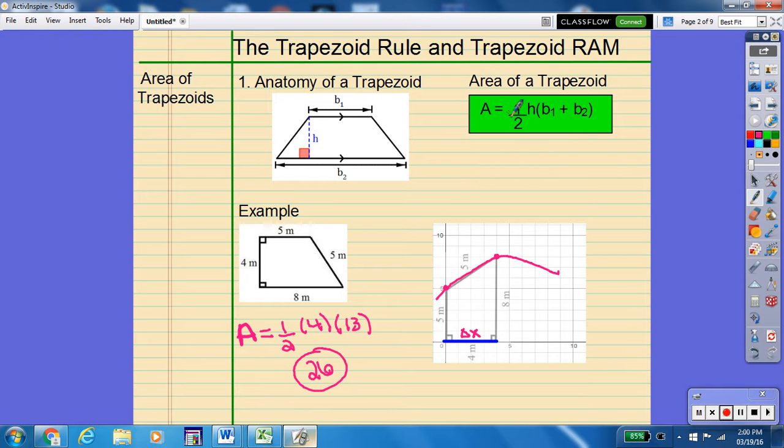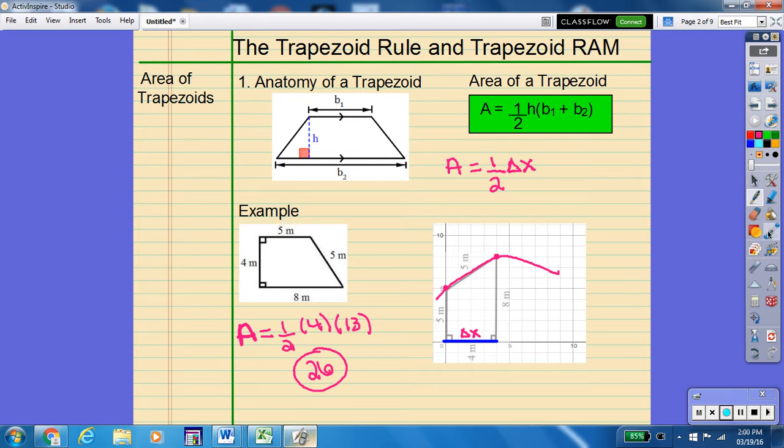So far our trapezoid formula is not going to be changed, but it's going to change the way we write it. So let's say we have 1/2, that's still true, but instead of the height, it would seem that the heights are 5 and 8. Those are really the bases. The height is the difference in the x's. So in this case, we're going to change h to delta x, because that's really what it is.